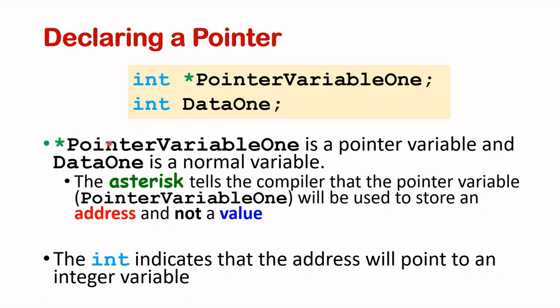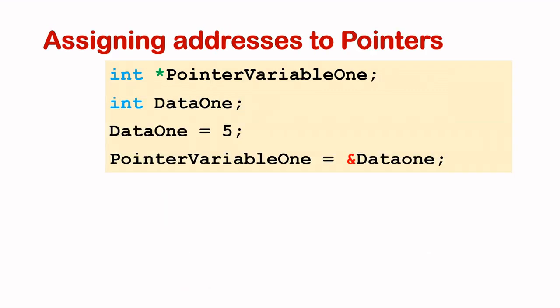Now the asterisk pointer variable 1 is a pointer variable, and data 1 is a normal variable. The asterisk tells the compiler that the pointer variable, which is pointer variable 1, will be used to store an address and not a value. The int, which stands for integer, indicates that the address will point to an integer variable.